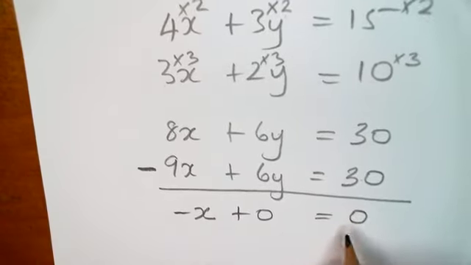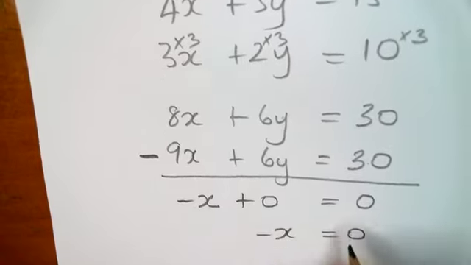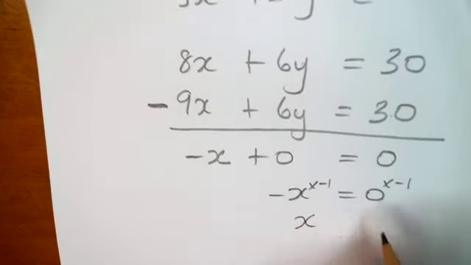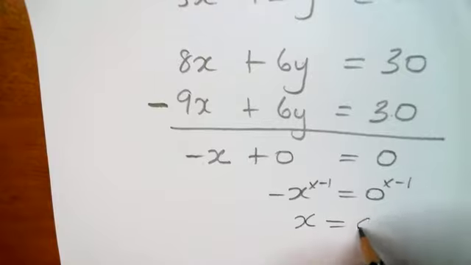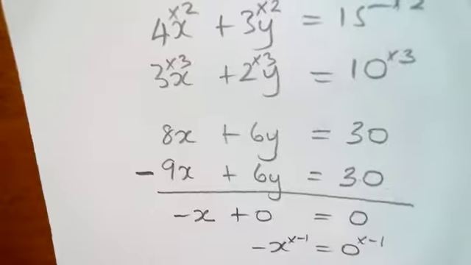So I've got negative x is 0. So if I've got negative x is 0, what would x be? Well, if I multiply this by negative 1, multiply this by negative 1, then negative 1 times negative x becomes x. So x becomes negative 1 times 0, which is just 0, so x is 0. So I've now found the value of x.